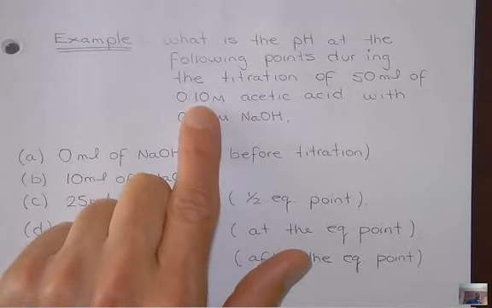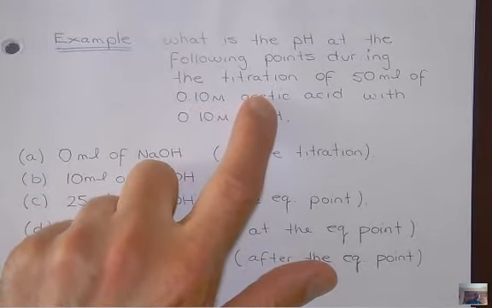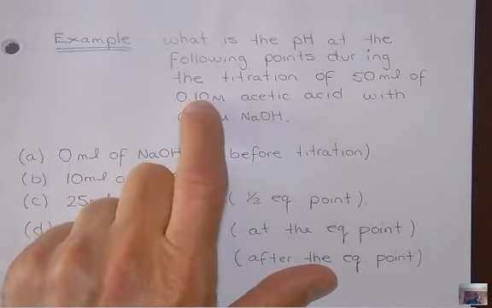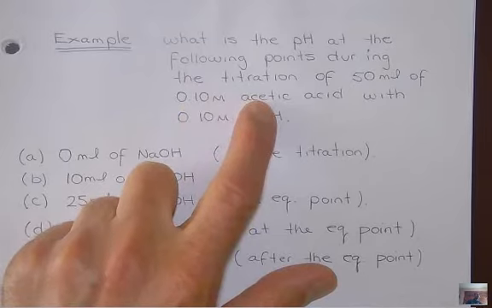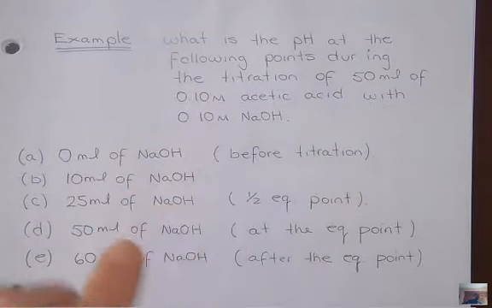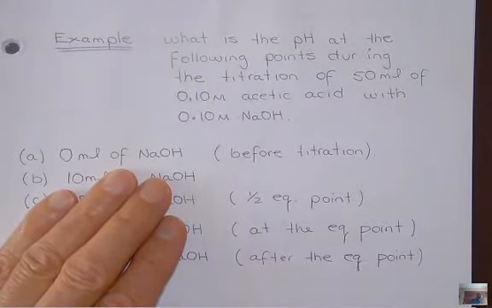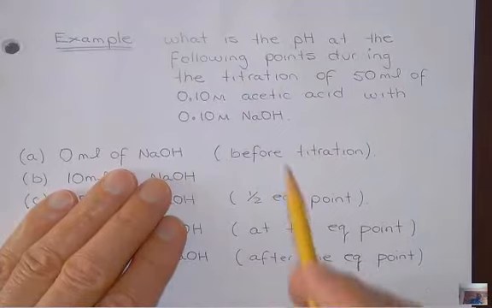When you say titration of something, that's what goes in the beaker at the bottom. Titration of 5 milliliters of 0.1 molar acetic acid with 0.1 molar NaOH. These are both 0.1, a little hard to read.